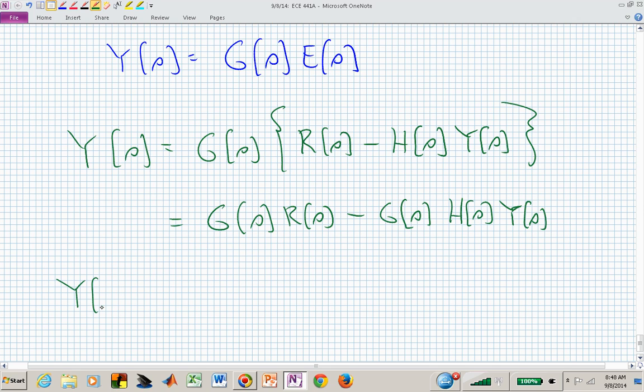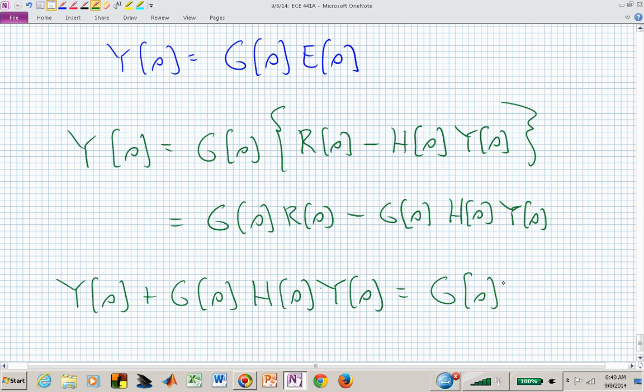We now have Y of S plus G of S, H of S, times Y of S is equal to G of S, R of S.